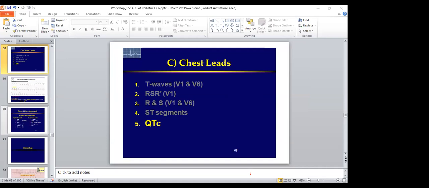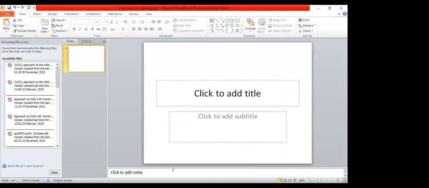Because it's an important slide, I'll log in with another device and we will see if slide 68 is visible. I think I have figured out what has happened.